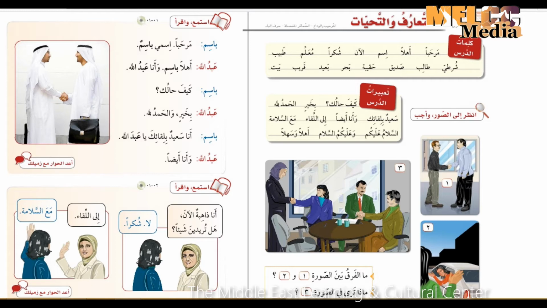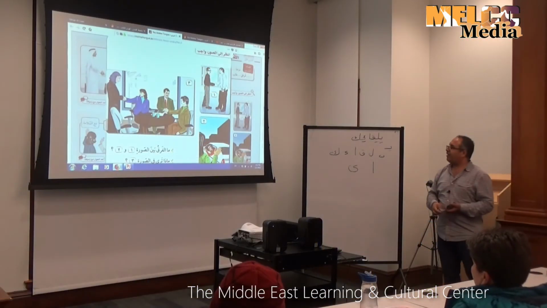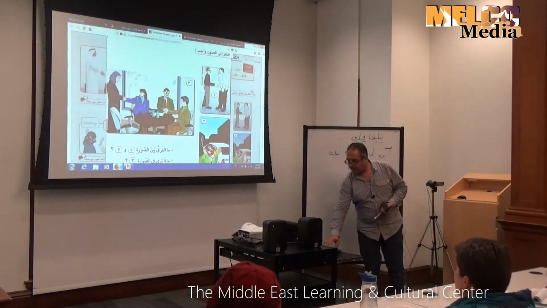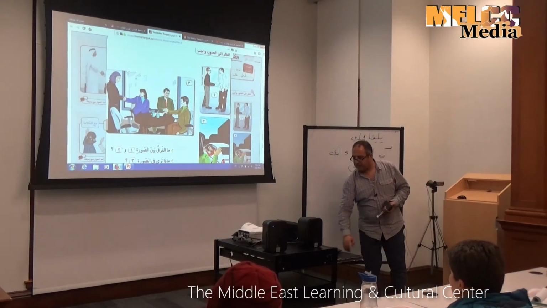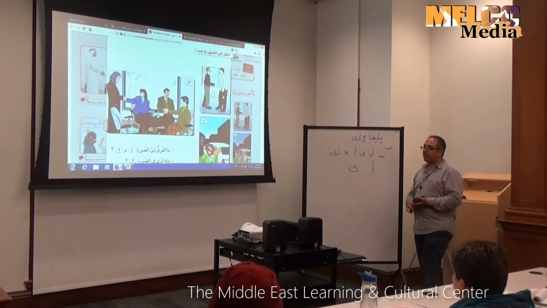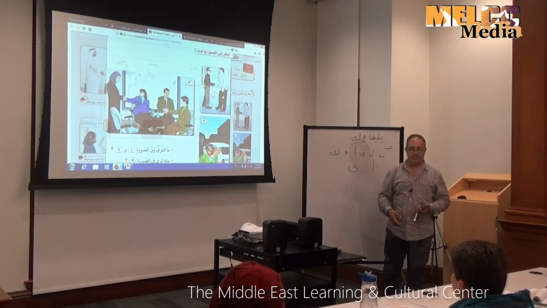And then he was saying wa alaikum assalam in the same picture. In picture 2, they are saying goodbye to each other. Ila liqa, then somebody says ma'a salama. Right. And what do you see in picture 3? Sa'idun biliqa'ik, or biliqa'iki. So happy to see you, happy to meet with you.